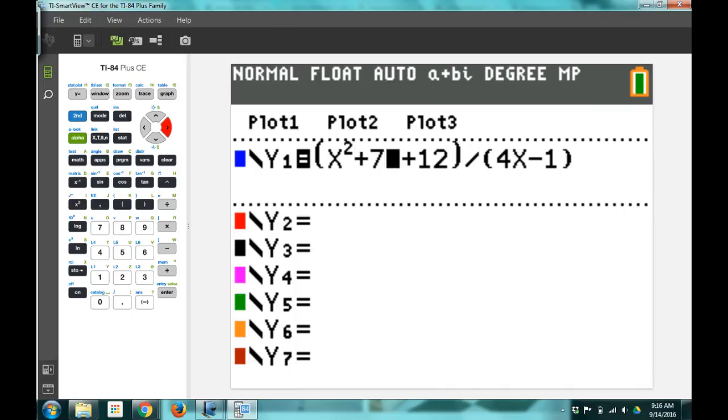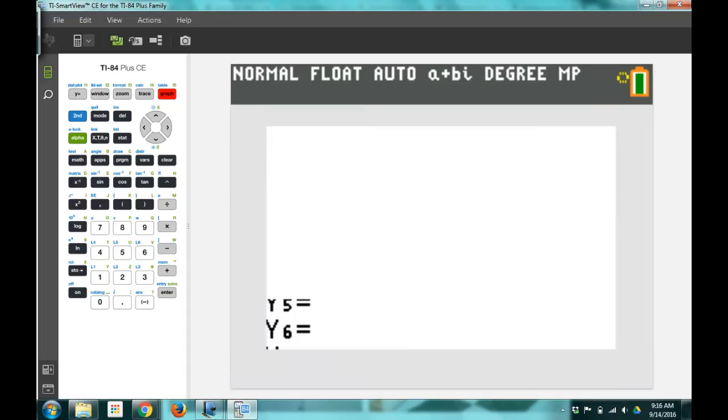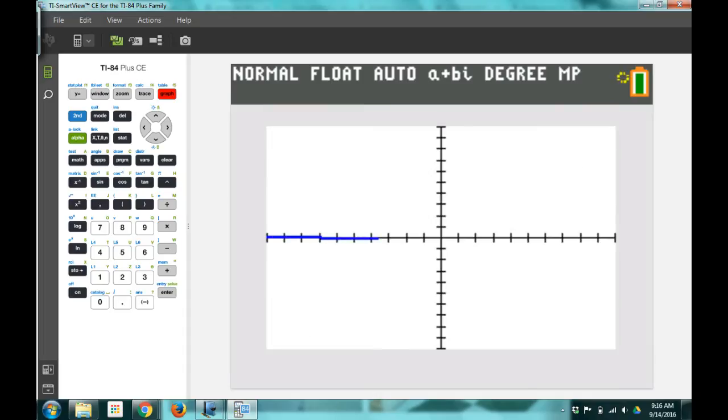That's the problem, that's why it's not looking like yours. Minus 1. Now, let's graph that. There we go. Now it's a little bit more like it should be.